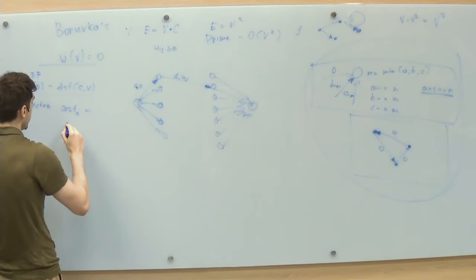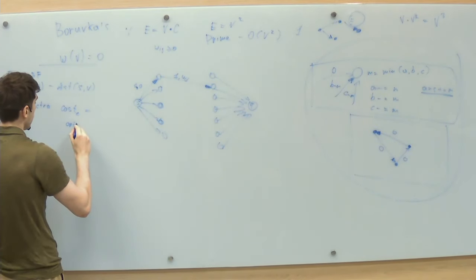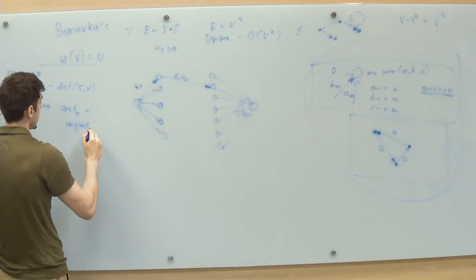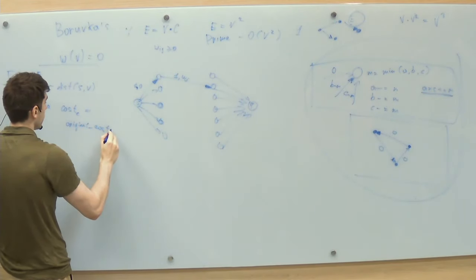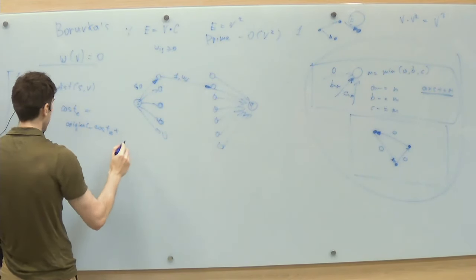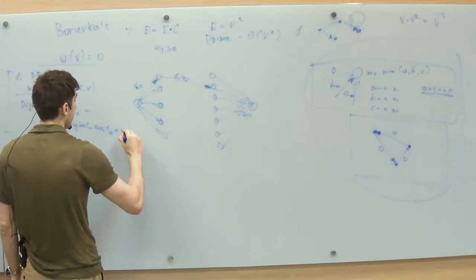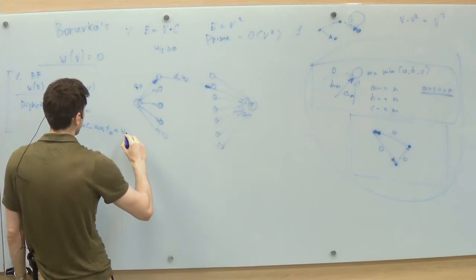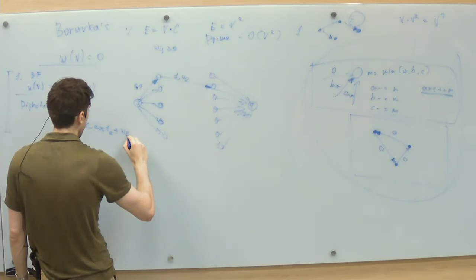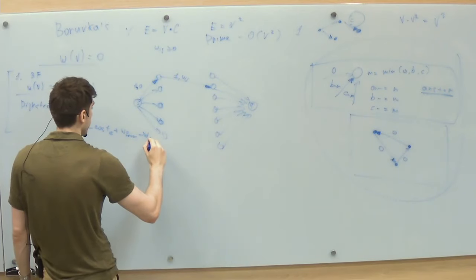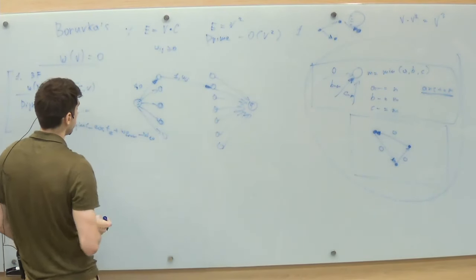So it's the original cost plus the potential of the vertex we are going from minus the potential of the vertex we are going to.